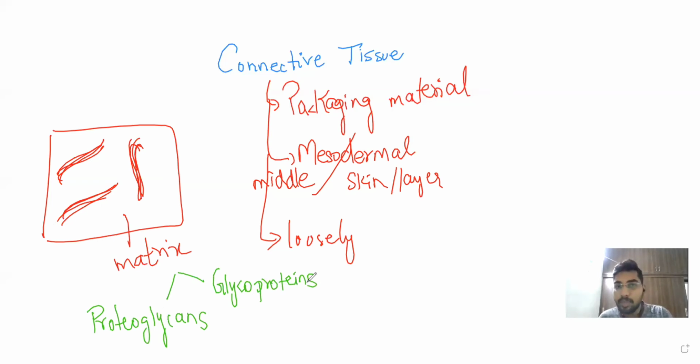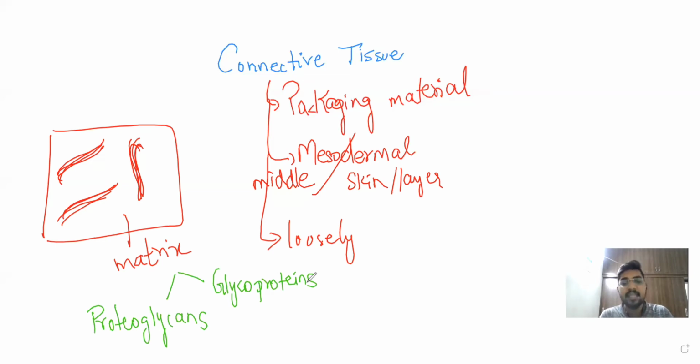What is the difference between proteoglycans and glycoproteins? Both are made up of a protein group and a carbohydrate group. But what actually differs is the percentage of protein and the percentage of carbohydrate, and the type of carbohydrate, whether oligosaccharides, monosaccharides, disaccharides, or polysaccharides, and the type of linkage, the type of bond. So that all differs.